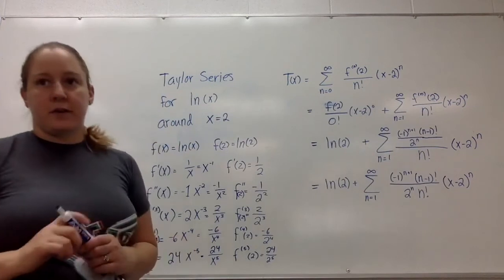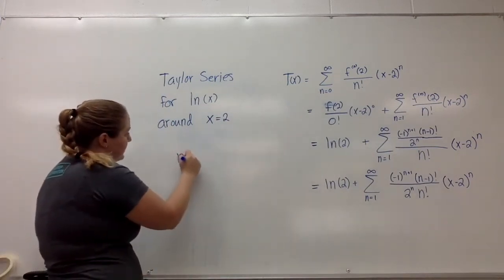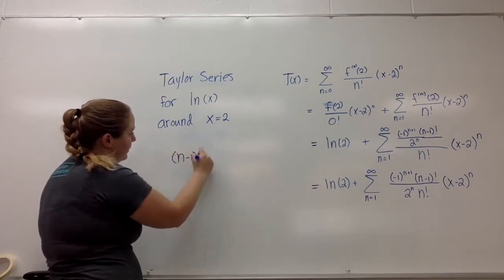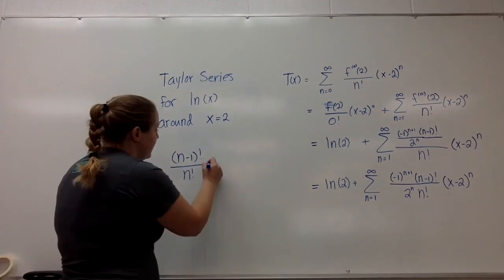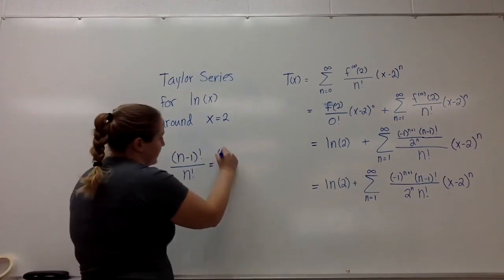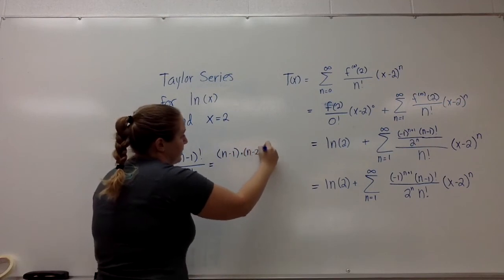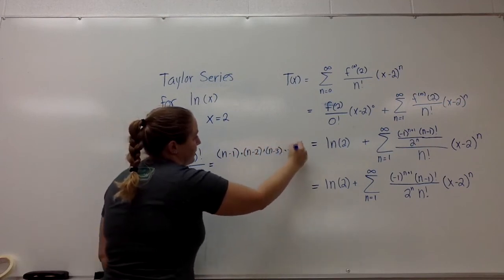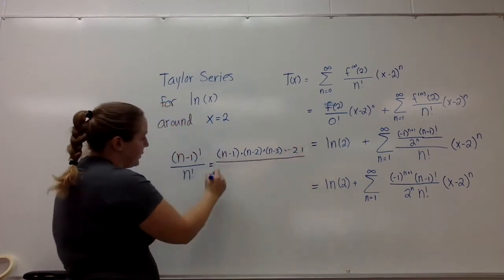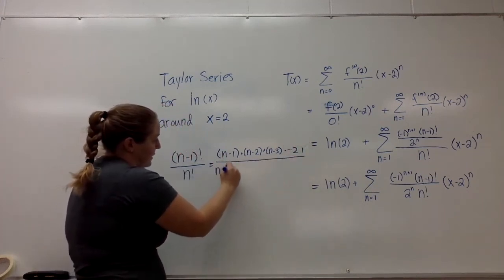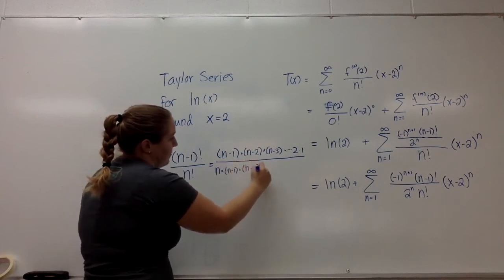We can do one further simplification. So let's just look at this little piece. If we have n minus 1 factorial over n factorial, what does this simplify down to? So n minus 1 factorial is saying we have n minus 1 times n minus 2 all the way down to 1. And then n factorial means we have n times n minus 1 times n minus 2.